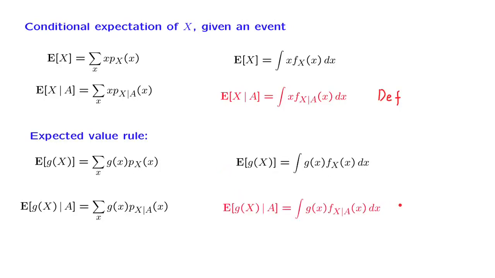This is the expected value rule in the conditional setting, and it is proved exactly the same way as for the unconditional continuous setting, except that here in the proof we need to work with conditional probabilities and conditional PDFs instead of the unconditional ones. So to summarize, there is nothing really different when we condition on an event in the continuous case compared to the discrete case. We just replace summations with integrations, and we replace PMFs by PDFs.